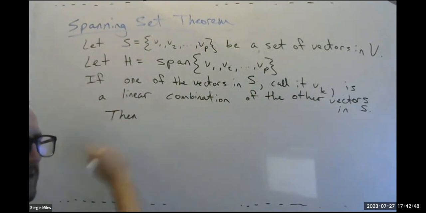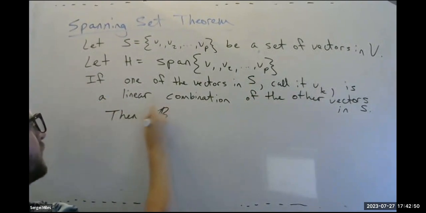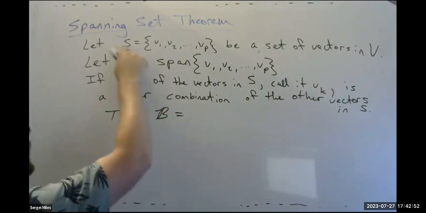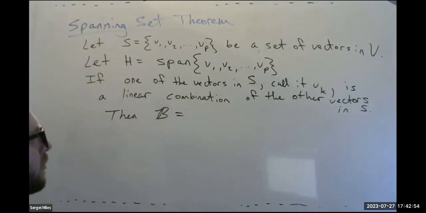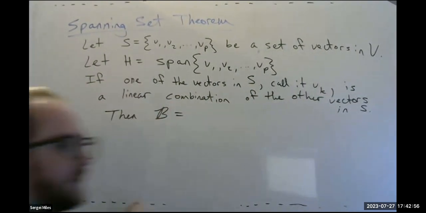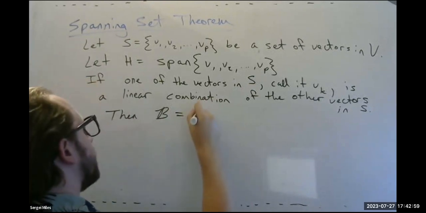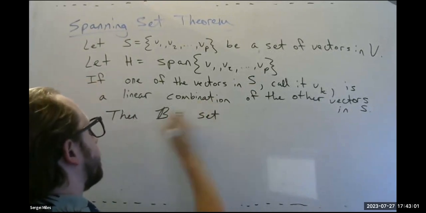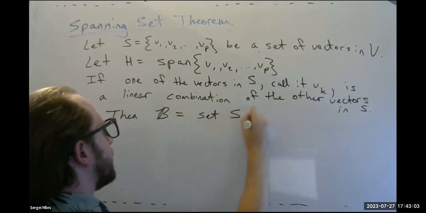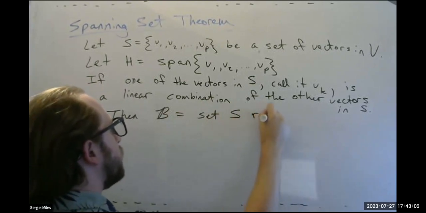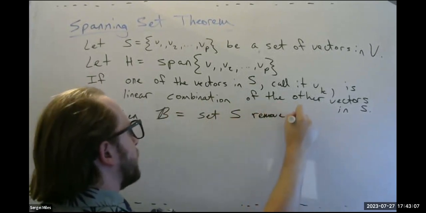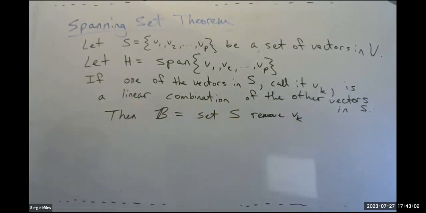Then, now this is a new set. I started with the set S. Now I'm going to create a new set B, which is the set S, but I'm going to remove that problem point. I'm going to remove the point which was linearly dependent.